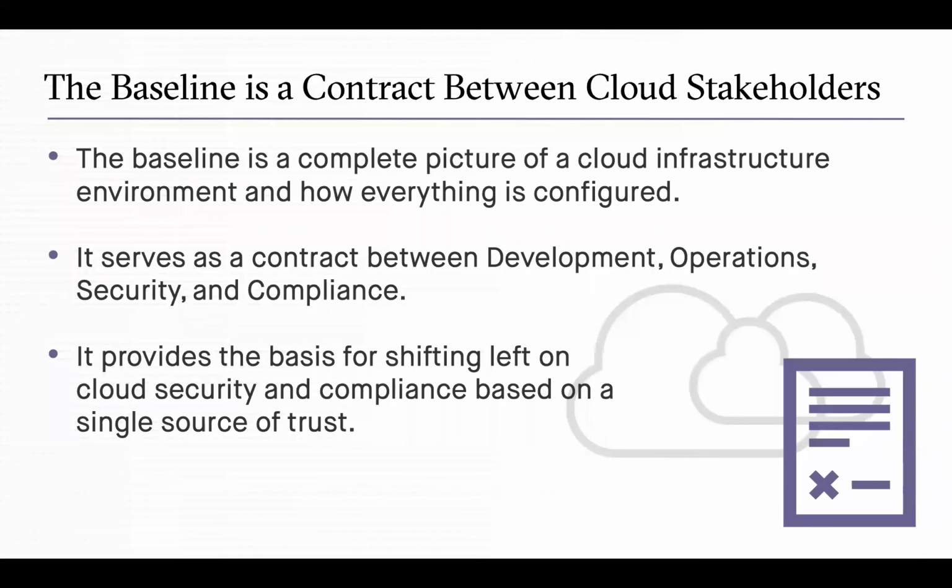And security and compliance can say, this meets policy, and we agree to it. And what that does is create a single source of trust and truth, right? The truth being that contract. We've all agreed that this is how the system should be. And again, not on paper, not a Visio diagram, but the actual configuration. Then we can shift left on security and compliance.